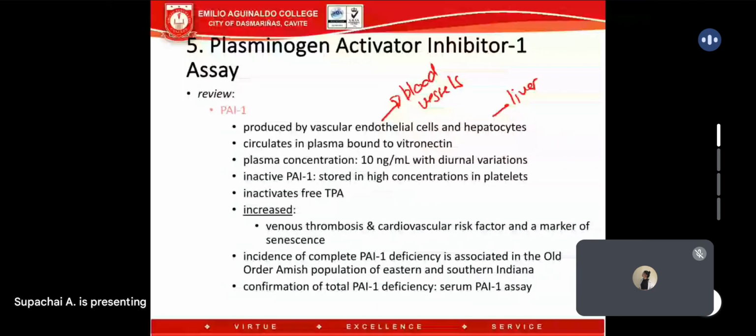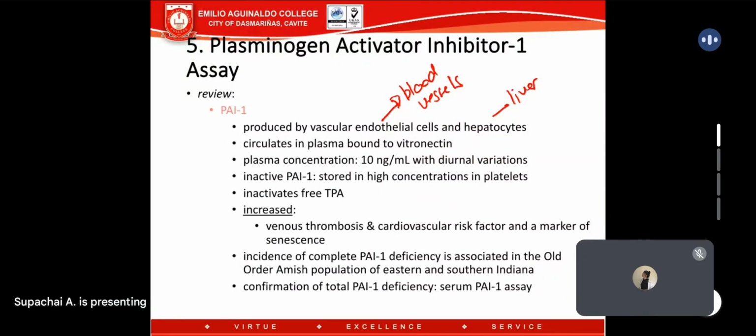In fact, there was an incidence of complete PAI1 deficiency in the Old Order Amish population found in eastern and southern Indiana. So they were able to detect that there is a certain group of population that have a totally deficient value of PAI1.